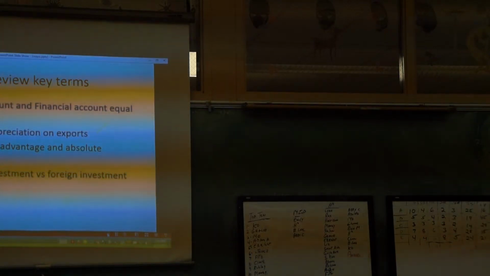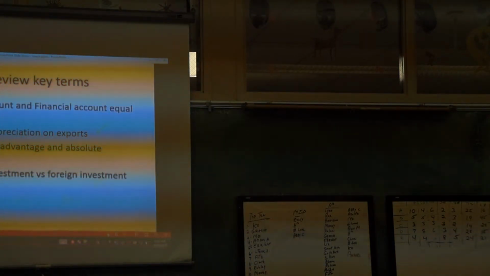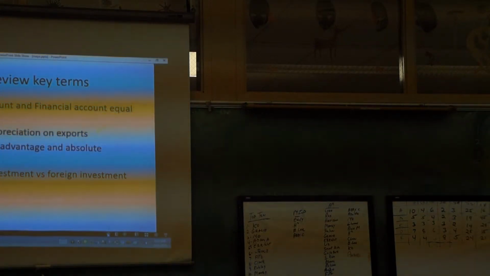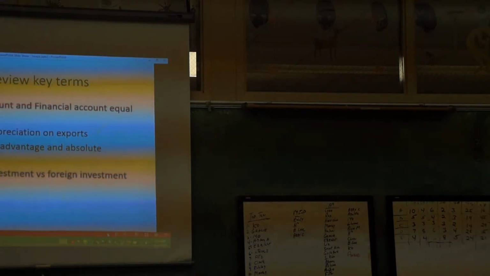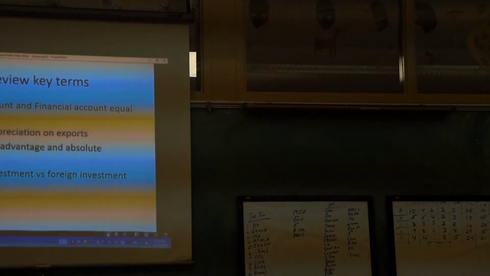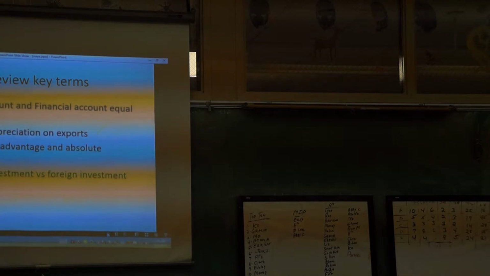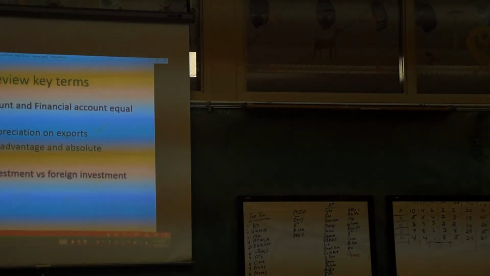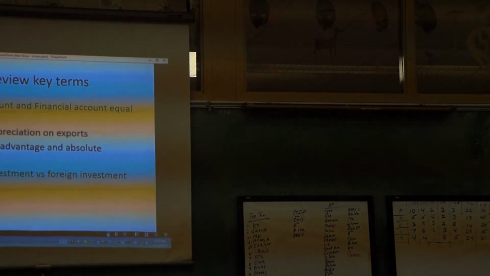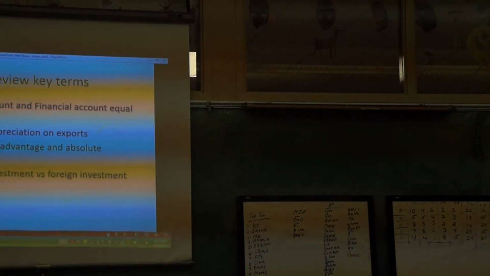Domestic investment versus foreign investment, and this has confused some people, rightfully so. Domestic investment is when companies are buying things to make inputs. So they might be buying machines to make jackets and sweaters, or they might be building factories. Therefore, when they're going to build these things and buy machines, they're looking for the lowest interest rates because they're borrowing money.